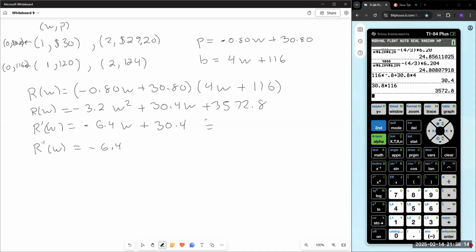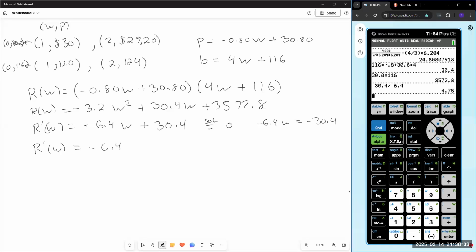I'm going to set this equal to 0, and that gives me negative 6.4 W is equal to negative 30.4. Negative 30.4 divided by negative 6.4 is W is 4.75.